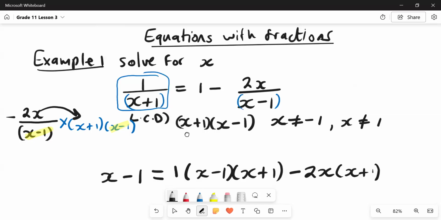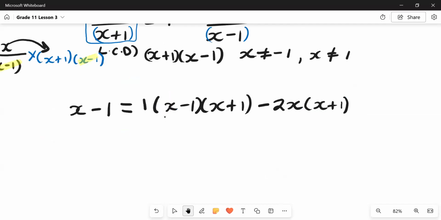And then from here, now you can try and get rid of the brackets using the FOIL method and distribution law. So when using the FOIL method here, you'll end up with x squared minus 1 minus 2x squared. We're distributing now here.